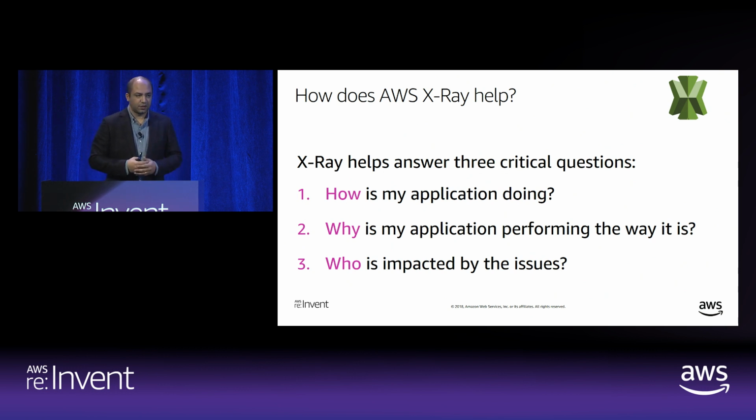Is X-Ray going to provide me those capabilities? And the answer I give to most people is, we have great partners in Datadog, New Relic, AppDynamics, and Datadog just launched serverless monitoring with X-Ray traces as the data for that.